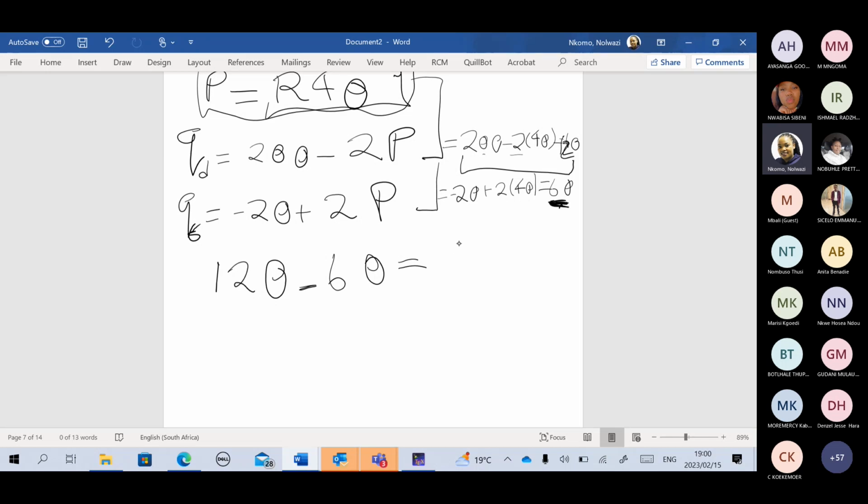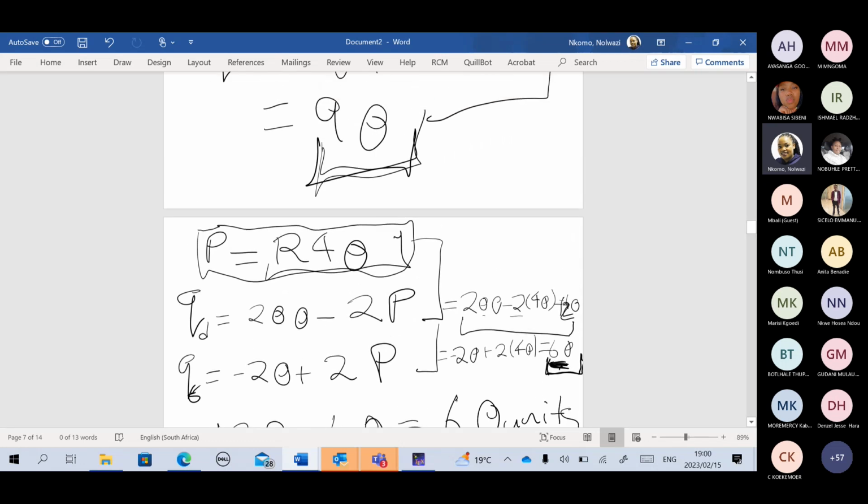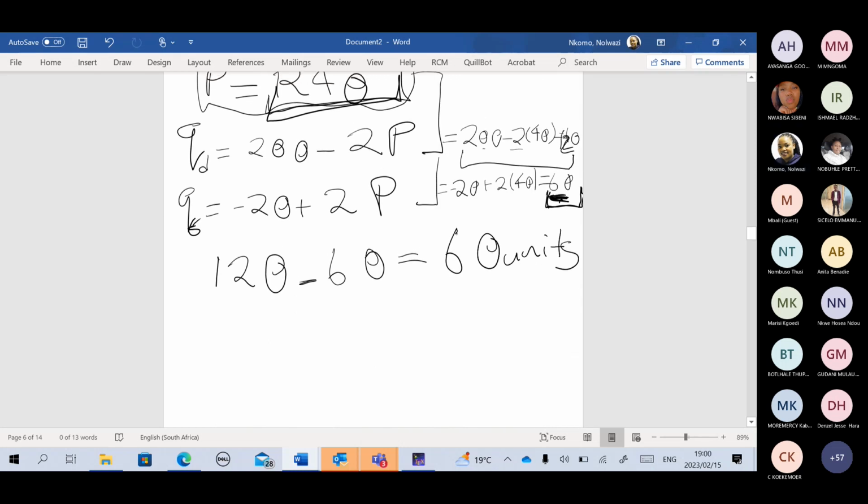That means we will have a shortage of 60 units, because in the market we only have this if the price is reduced to this. But now we have more buyers, which is 120. Initially they were 90. So if we only have this at this price, we'll have a shortage of the quantity demanded minus the quantity supplied, which is 60 in this case.